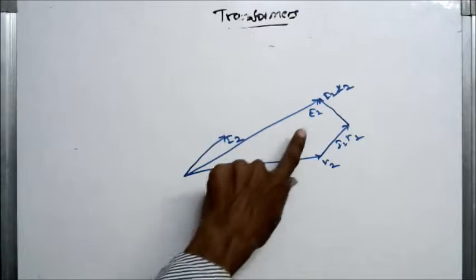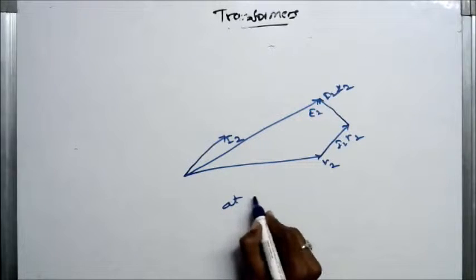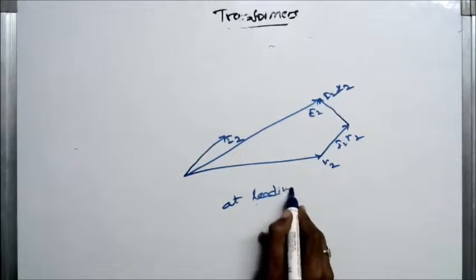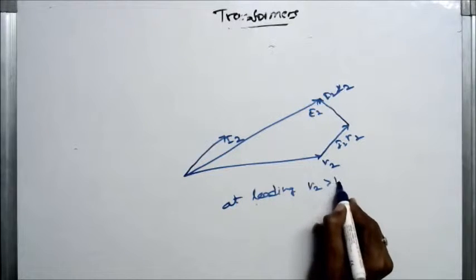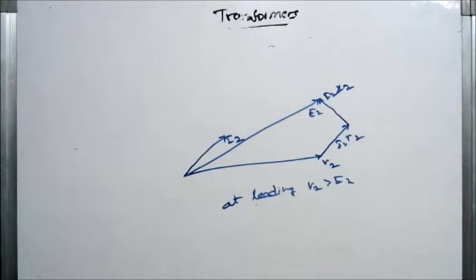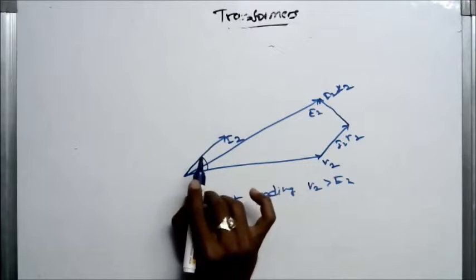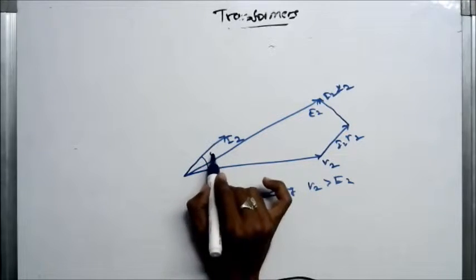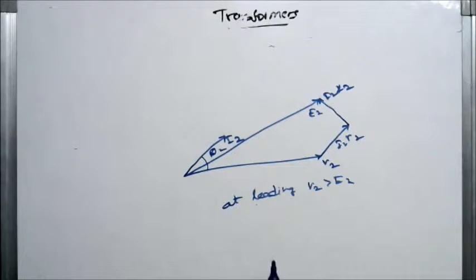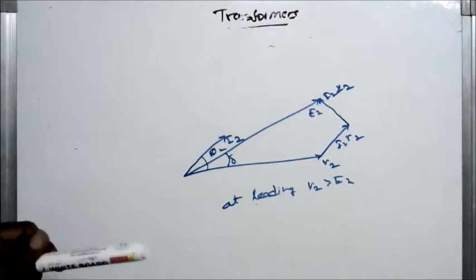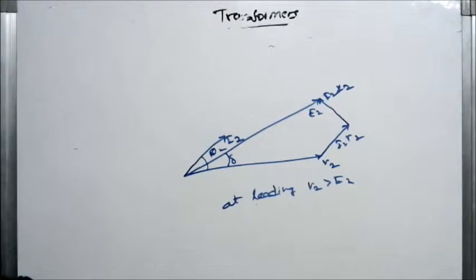From this we will say that at leading condition V2 is greater than E2. This is power factor angle phi 2. Okay, this is delta. This is all about the transformer phasor diagram at leading condition.